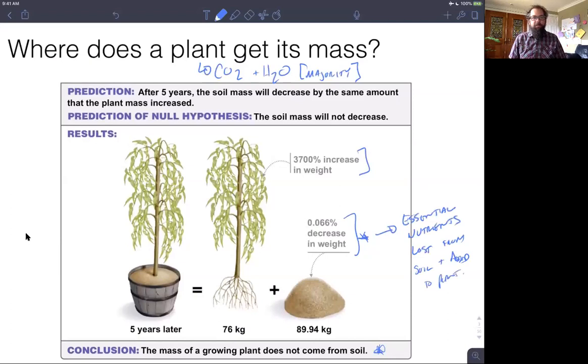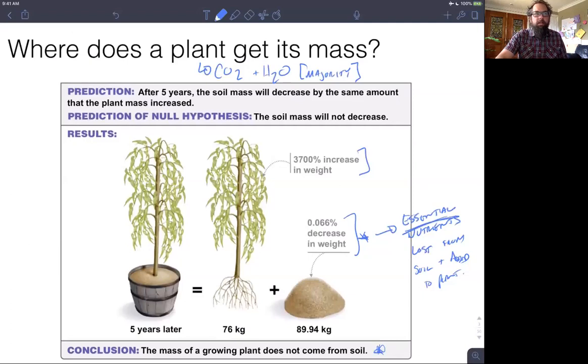While the large majority of the mass does not come from the soil, it comes from carbon dioxide and water, some of the mass does actually come from the soil, in the form of essential nutrients that are lost from the soil and added to the plant itself.